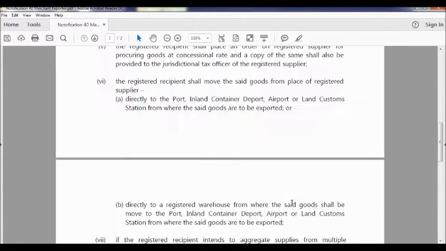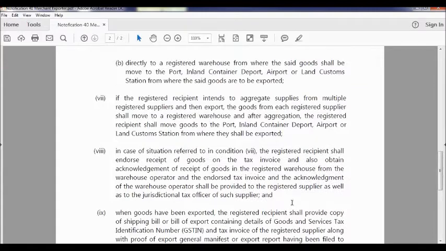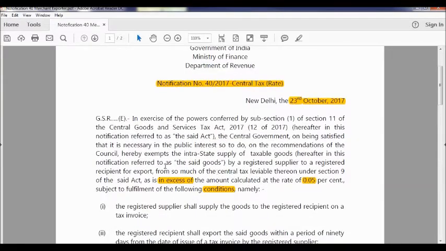So there are a lot of conditions, and if the merchant exporter follows them, then, as you will see in the opening paragraph, the intra-state supply of taxable goods by the registered supplier to the registered recipient for export is exempt from so much of the central tax leviable under section 9 of the said act as is in excess of the amount calculated at the rate of 0.05%, subject to the fulfillment of the following conditions. So 0.05% is for the CGST, similarly for the SGST, and 0.1% for the IGST.